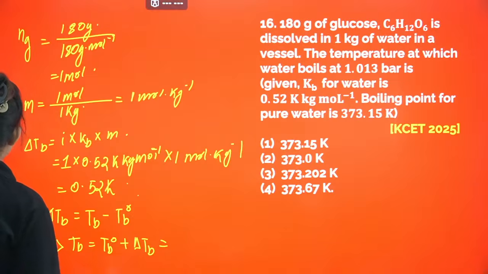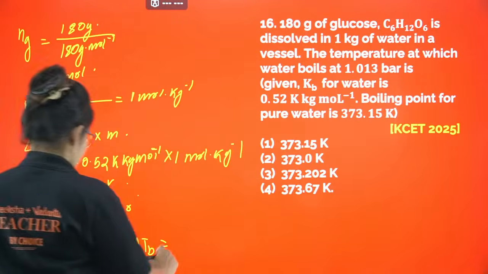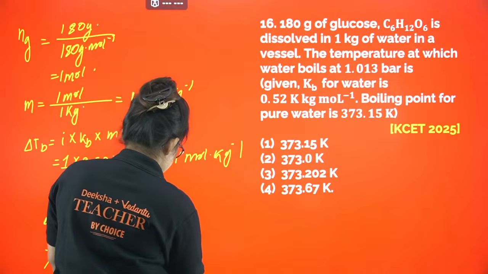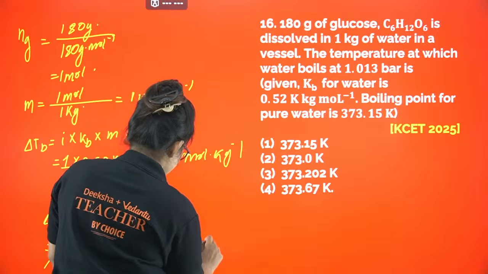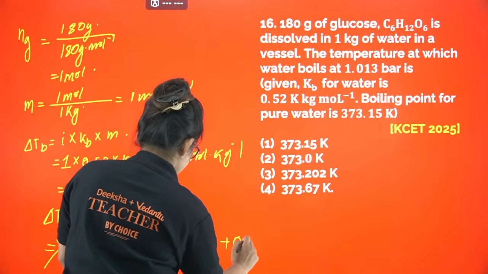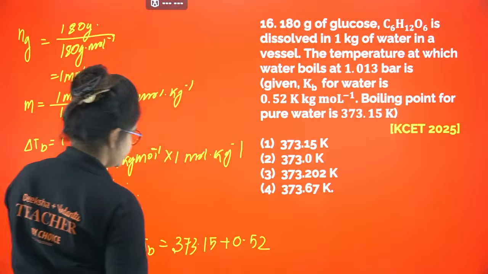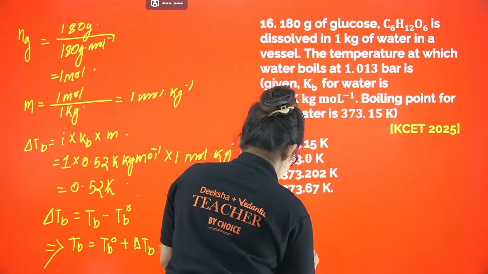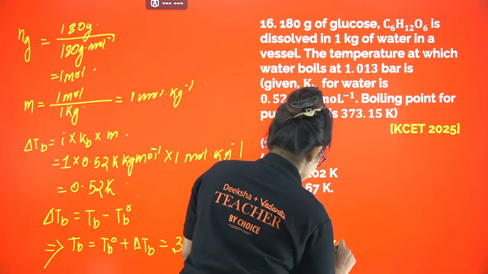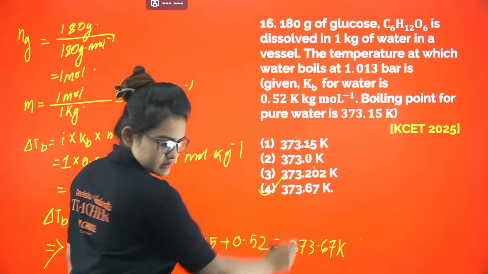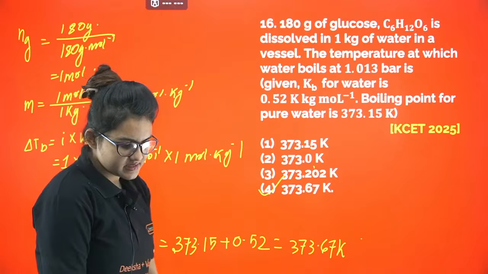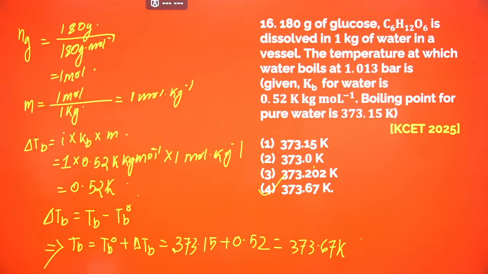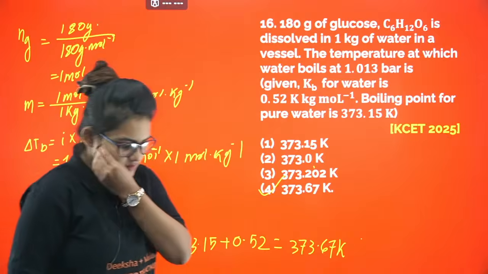If you work it out, 373.15 plus 0.52 gives you 373.67. I guess it's clear to you. Yes, let's proceed.